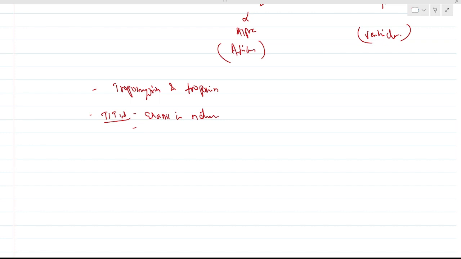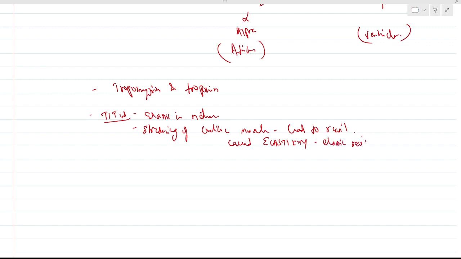And what is its function? On stretching of cardiac muscle, it leads to recoil. This is called elasticity, elastic recoil, and this is due to titin. Now a mutation in the titin protein in the heart means no recoil on stretching.